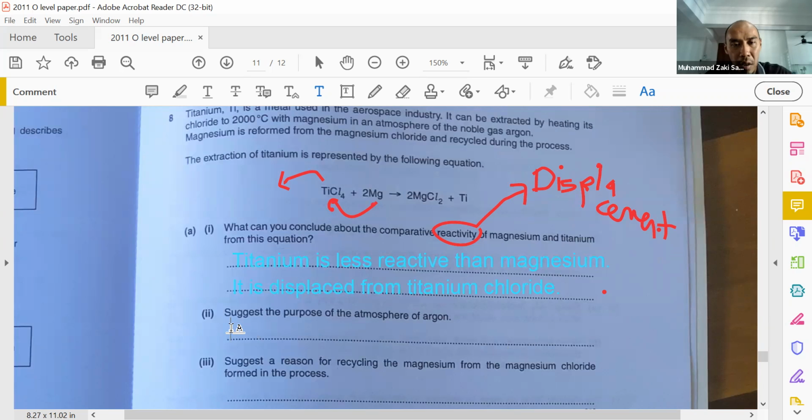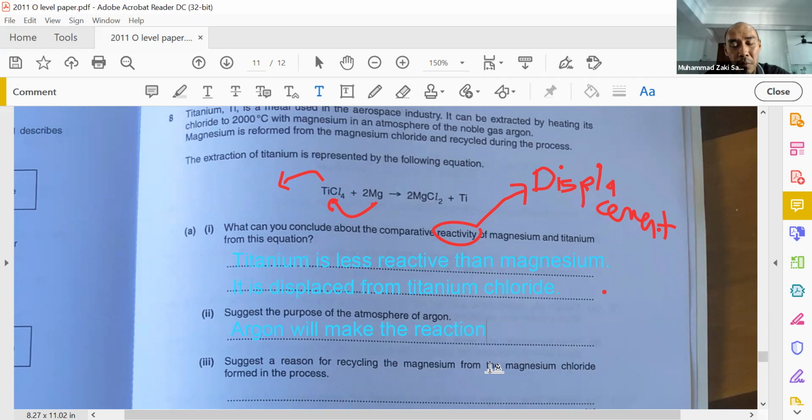So how can you write that argon will make the reaction slow? So what's the usefulness of a slow reaction?